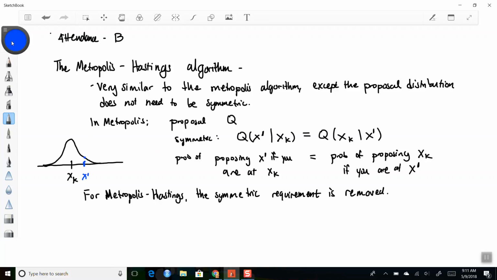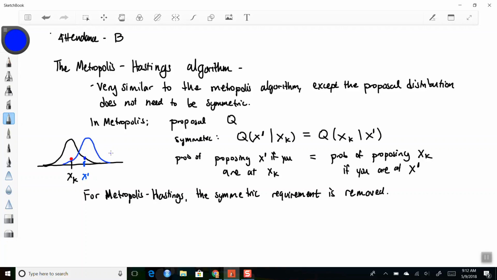And likewise, if we're centered at x prime, it's hard to draw, but what's the probability of proposing xk?